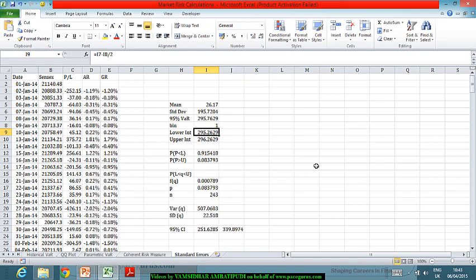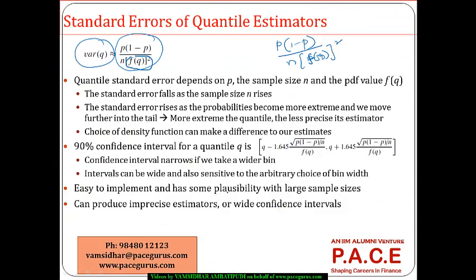If I am choosing a bin size of 1, it is saying that the 95% confidence interval for the VaR is around 251 to 339. So the bin size is actually creating a difference in the interval that is estimated for our VaR estimator. So here, what are the various inputs?